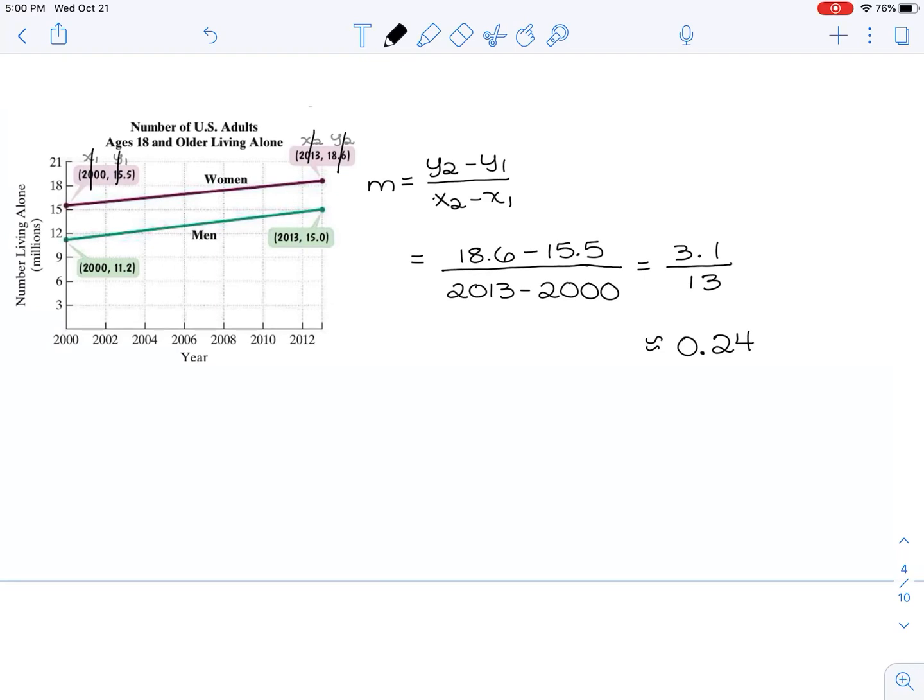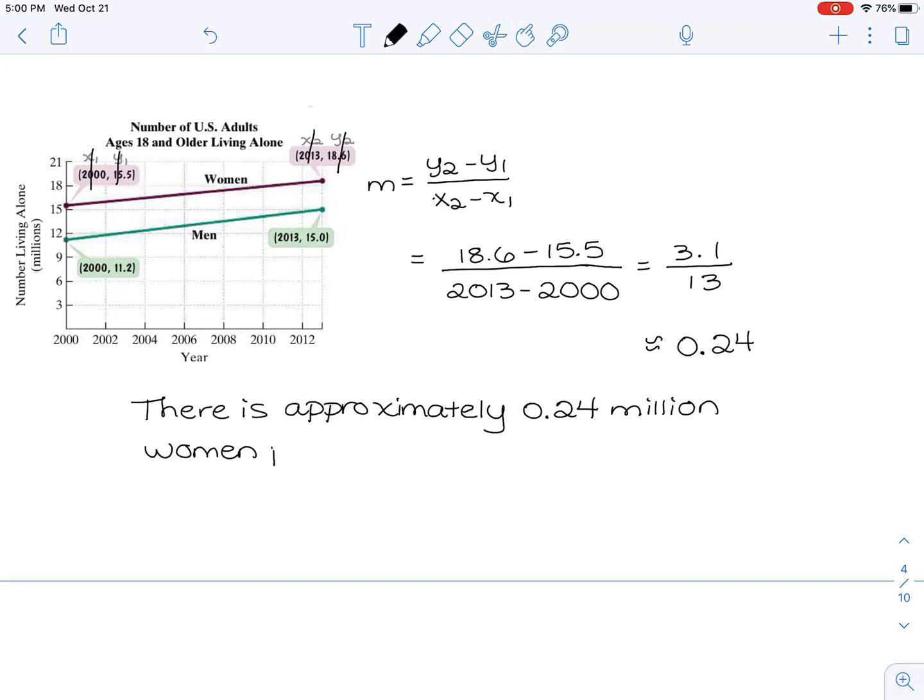So what this is telling us is that there is approximately 0.24 million women per year that live alone.